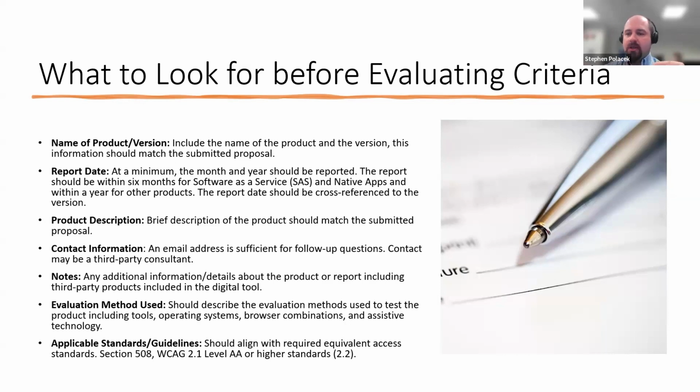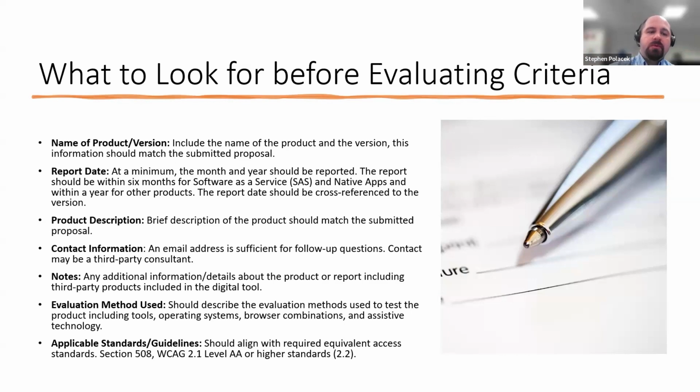They might say, oh, we've removed that section. Well, did you put something in its place, or what did you do to fulfill that same functionality, or did you just remove it entirely? How does that change the user workflow? Those are the kinds of things that are a concern here, and we need to make sure that the VPAT we're looking at is relevant to what we want to buy.